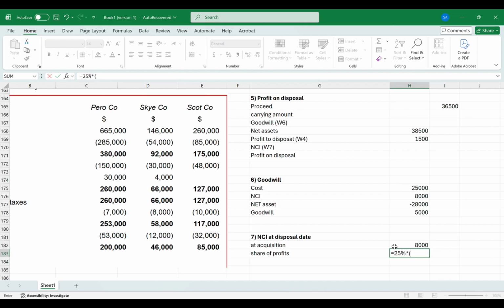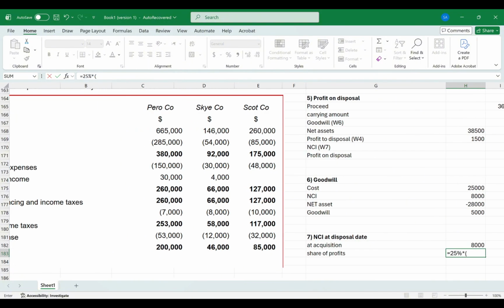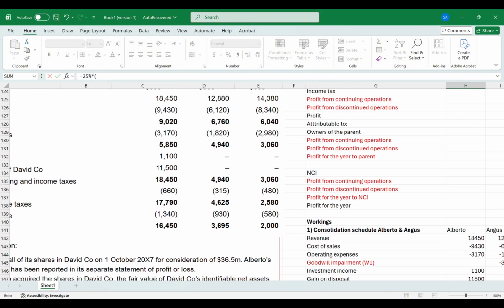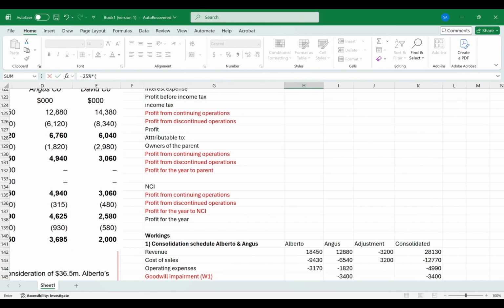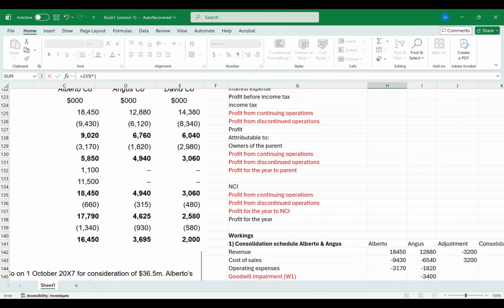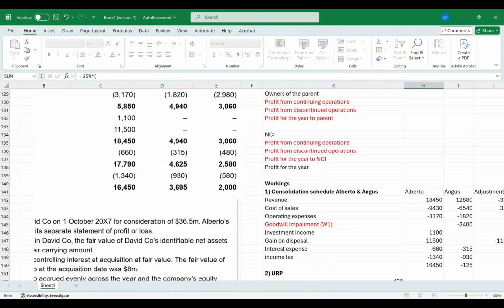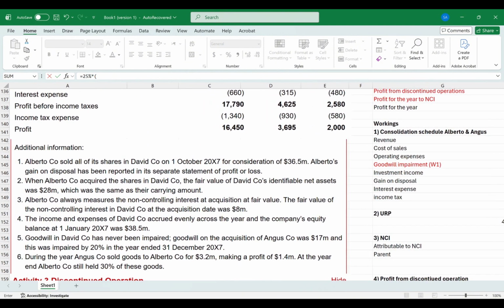Now, if you look at the share of profit of debit, it is 38,500. How 38,500?